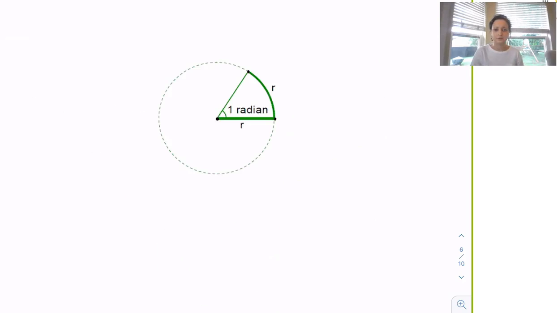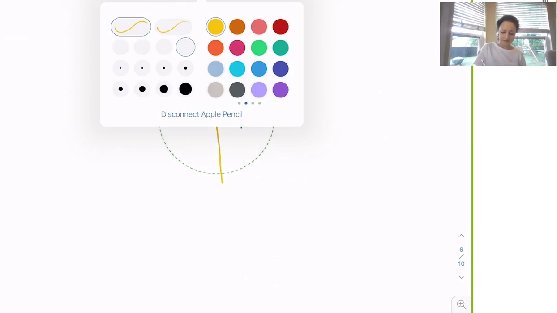So let's take a look at approximately how big 1 radian is. Take a look at this picture for me. Here's a radius, right? If I take that length and pull it along the circle, like right around there, that is the measure of 1 radian, okay? Can you picture where 2 radians would be?